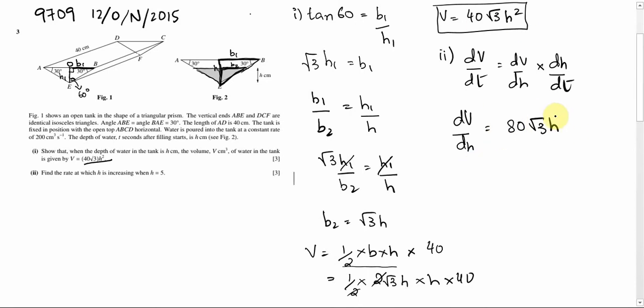So h is 5. I'll replace h with 5, so 80 root 3 times 5. Your dV by dh becomes 400 root 3. Now I'm going to replace dV by dh in this equation with 400 root 3, and dV by dt is the rate of increase of volume.